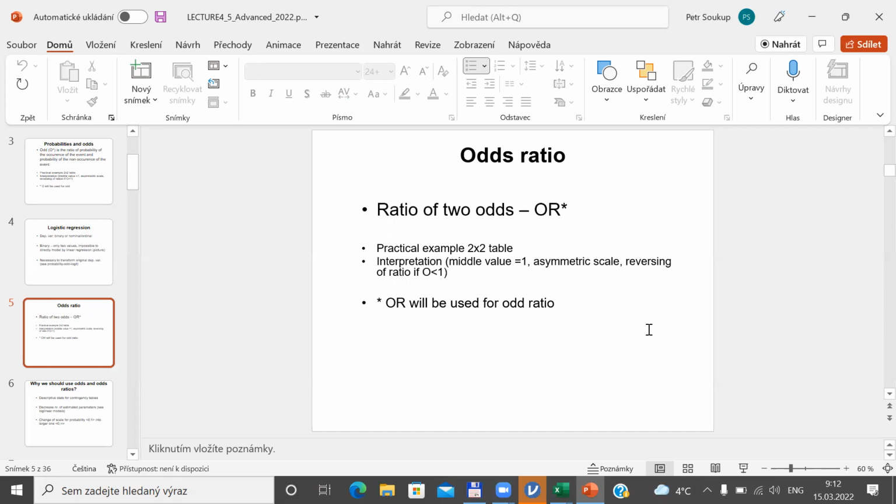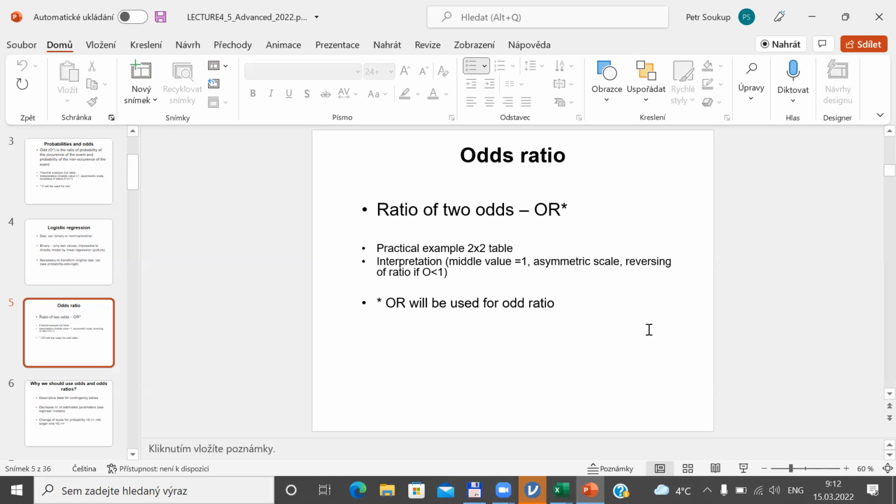It is maybe slightly complicated, but this ratio of 2 odds is called the odds ratio. In the literature, it is simplified to the description OR. So that's the odds ratio.